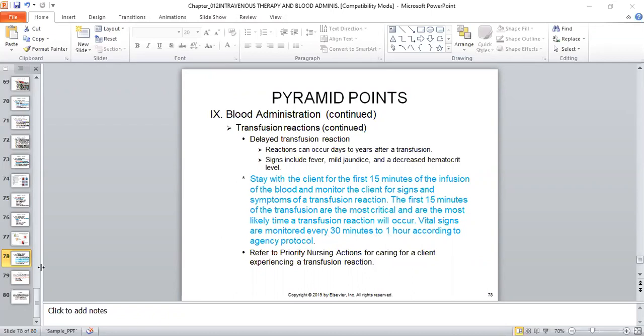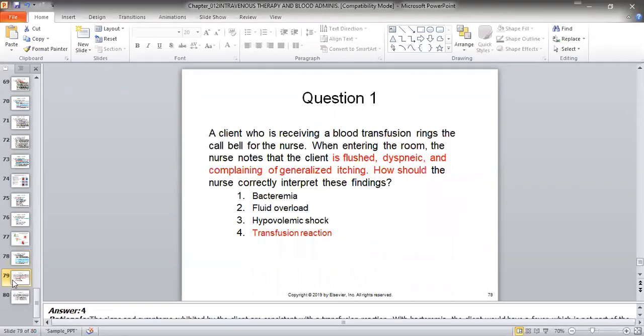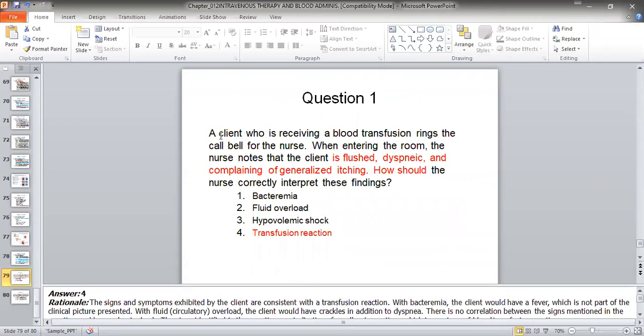So there are two questions we have to discuss a little bit here. Let me explain. A client who is receiving a blood transfusion rings the call bell for the nurse. When entering the room, the nurse notes that the client is flushed, has shortness of breath, and generalized itching.